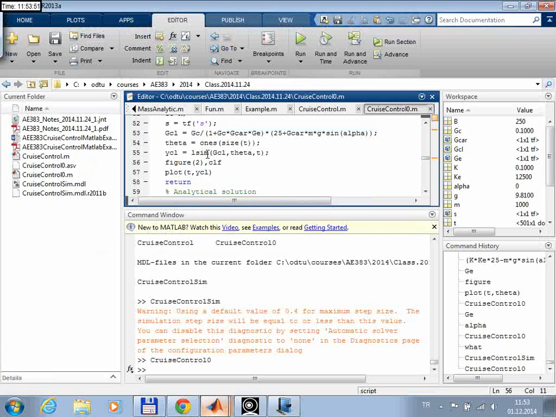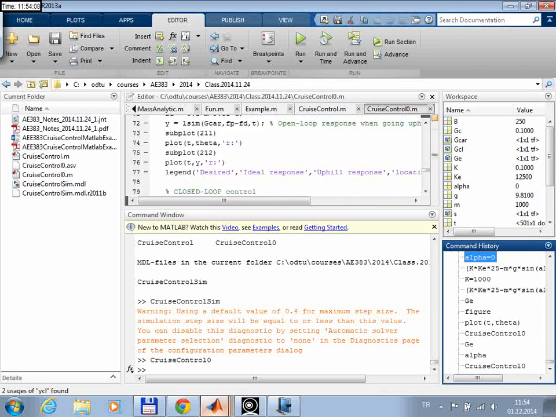When I run this, the plot I get through this command is going to show me the gas pedal history. Let me first start with the ideal case.